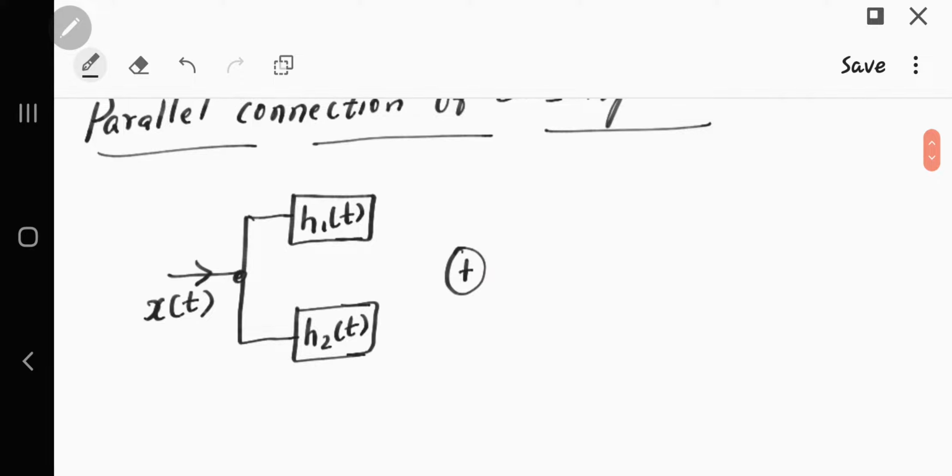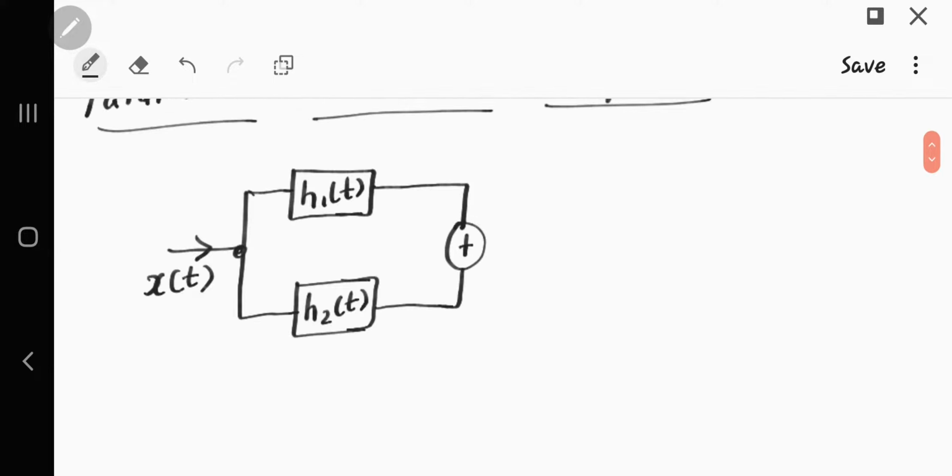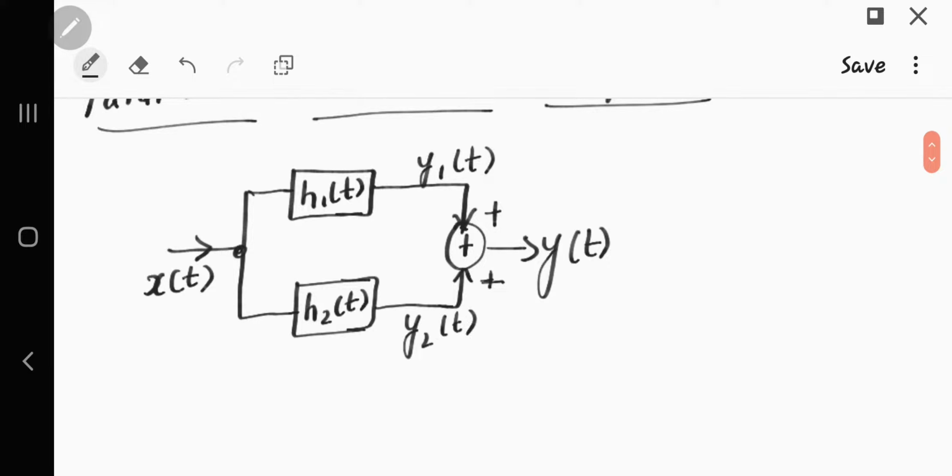So we get output y of t here. Okay. Now we are performing addition here, and the output of the first system we call y1 of t, and the second one we call y2 of t.